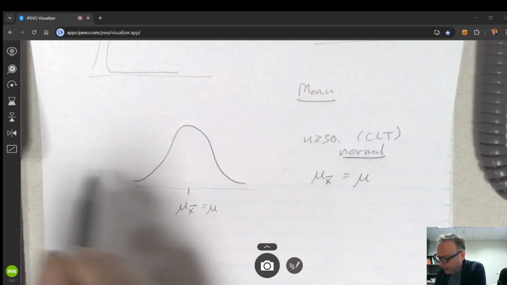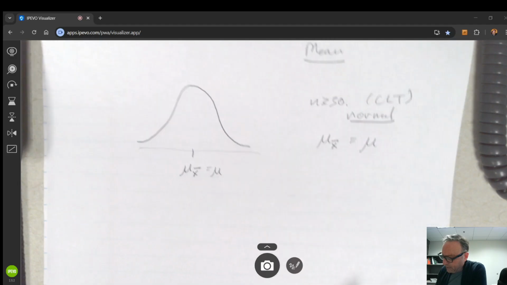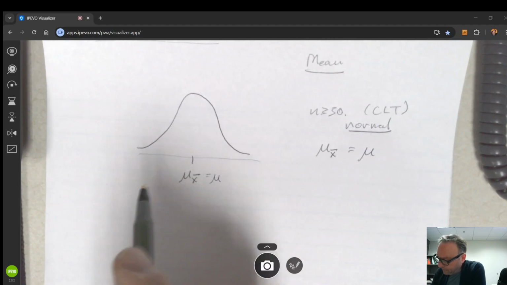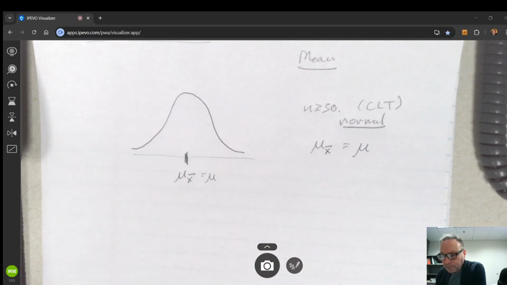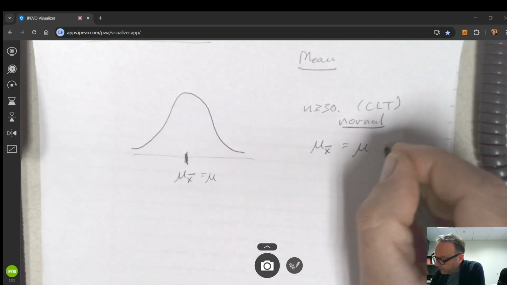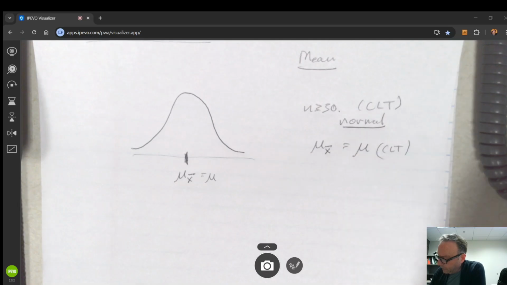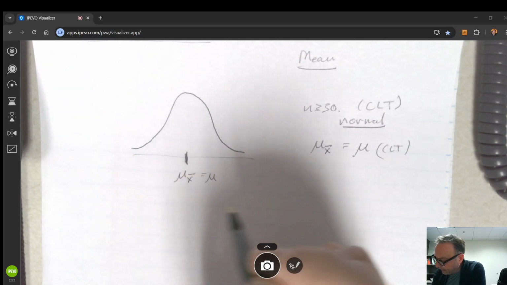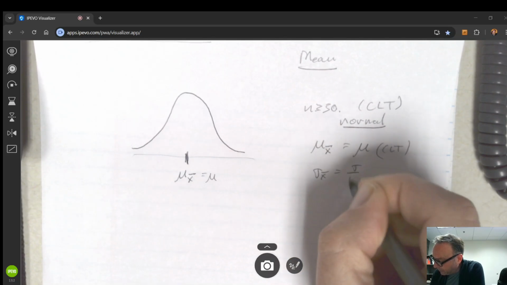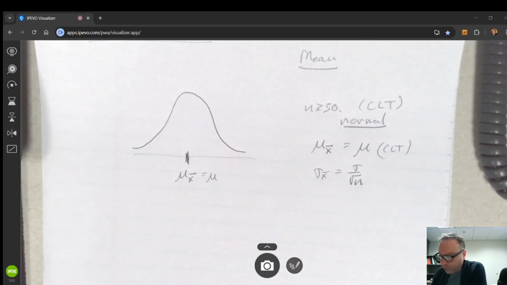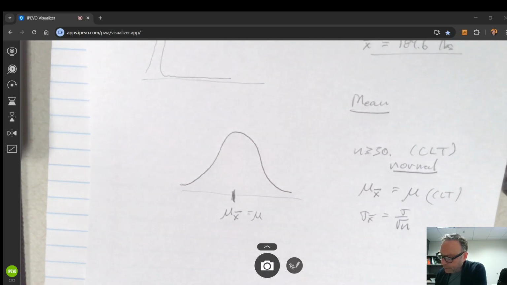It's not shifted down here. It's fixed on the true value here, and that's from the central limit theorem. And the last thing I know is that the standard deviation of that is equal to the standard deviation divided by the square root of the sample size.